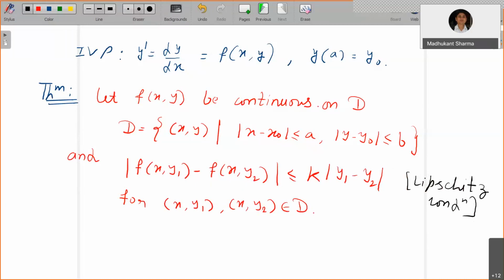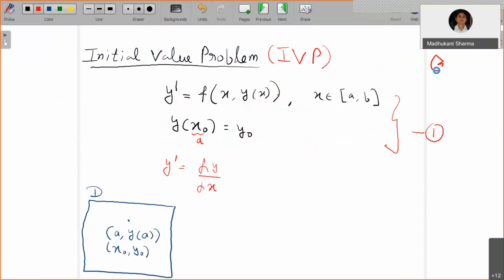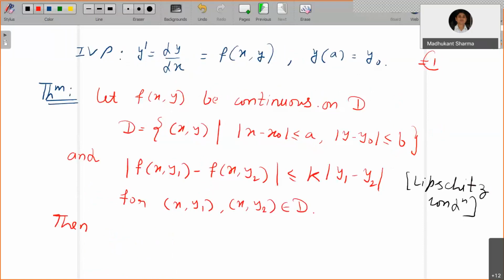Then equation 1 has a unique solution. Unique solution means the solution exists and it is unique.